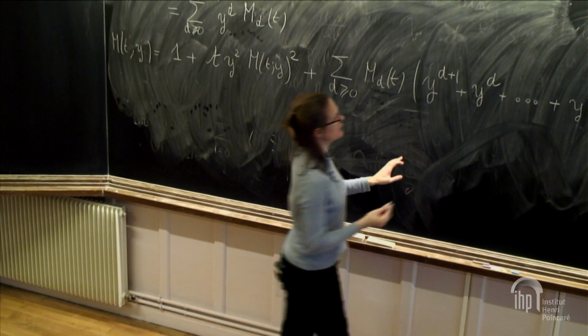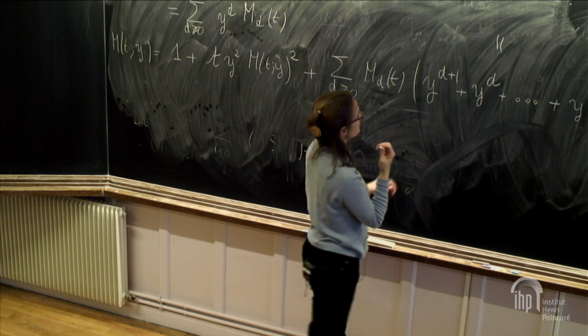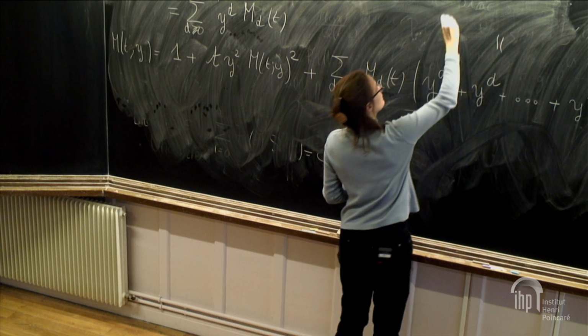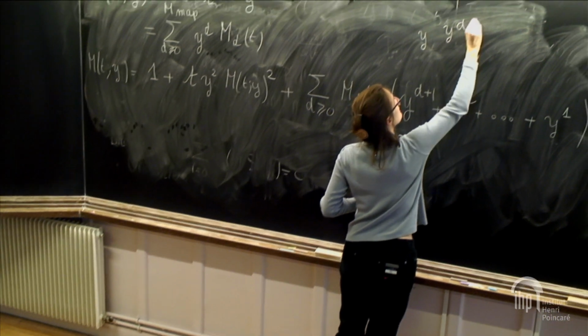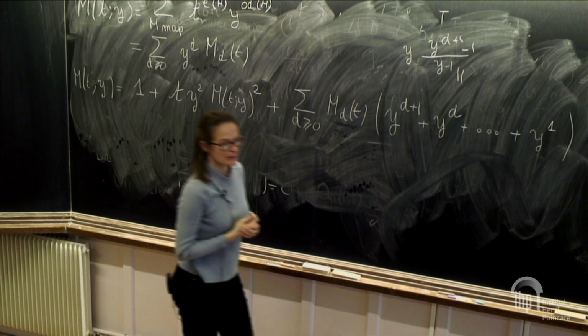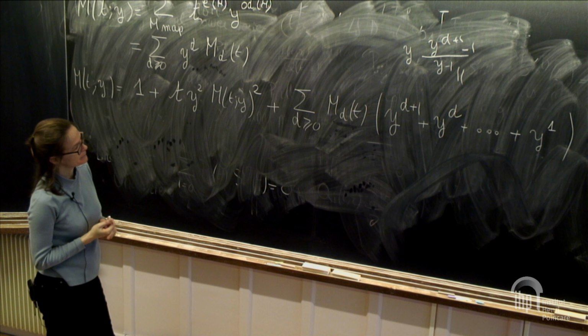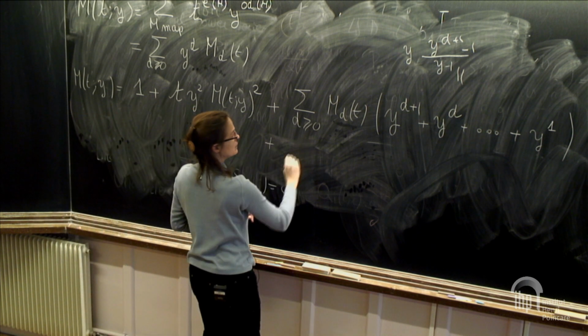Okay, so now we are in business. This is just a geometric sum. So there's a factor y, and then y to the D+1 minus 1 over y minus 1. So I will just copy this, so it's the sum.